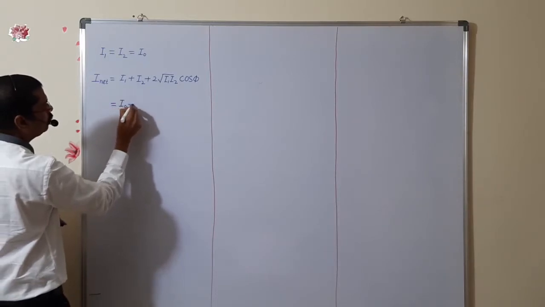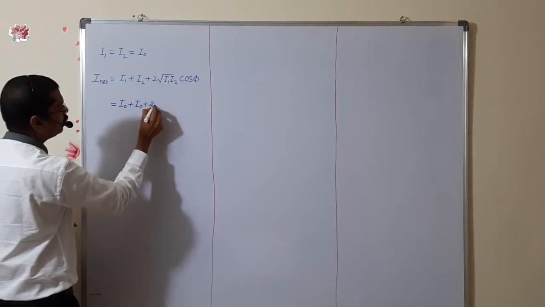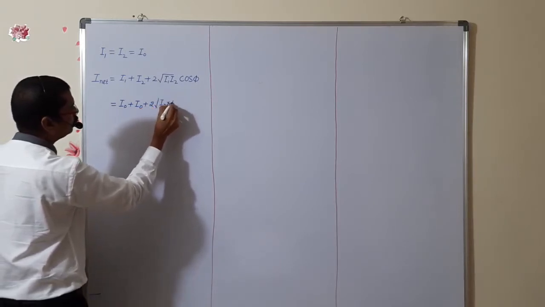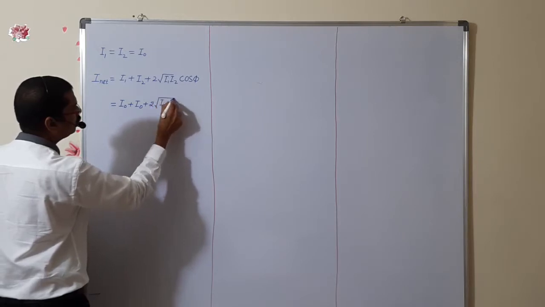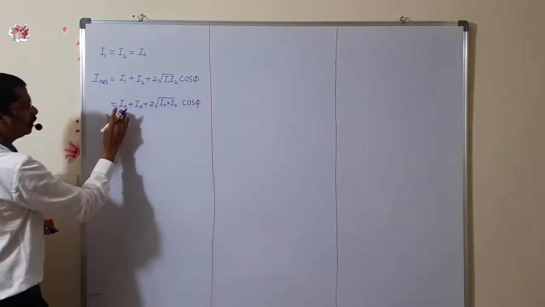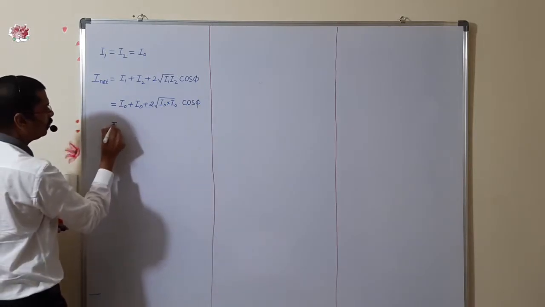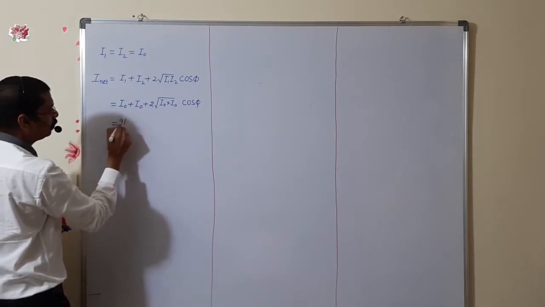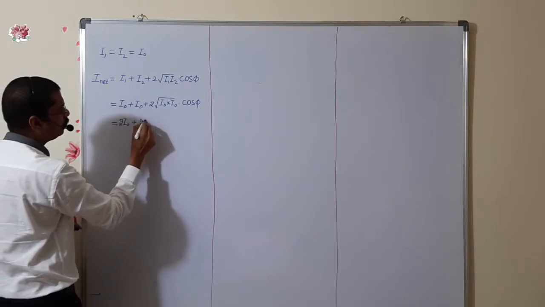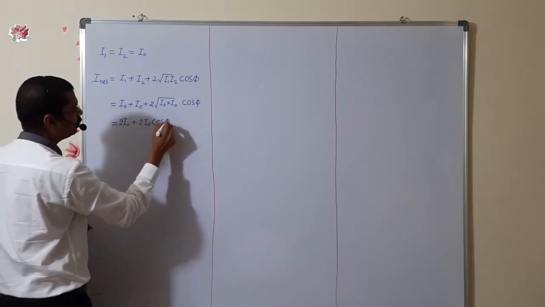I net is I1 plus I2 plus 2 root I1 into I1 cos phi. Here the root means 2I1. The remaining equation I am writing: 2I1 plus 2I1 I0 cos phi.